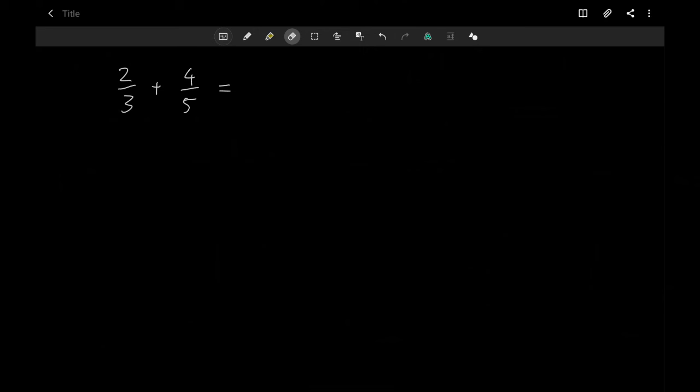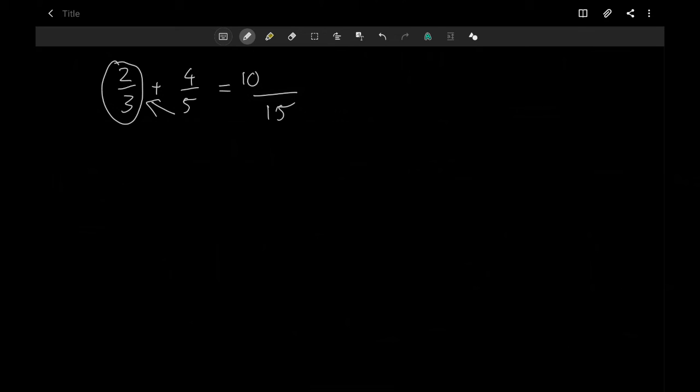You know that the common denominator is 15, so we write that down. We know that you need to multiply each fraction with its opposite denominator. In this case, we want to multiply the 2 with the 5.